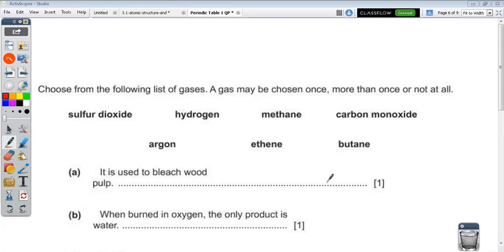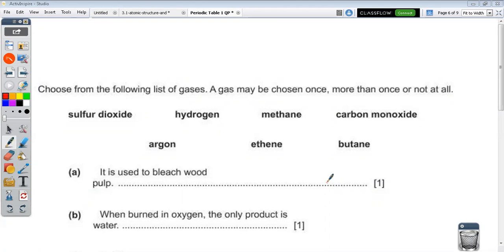What do you think? What do you use? What gases do we have for bleaching?